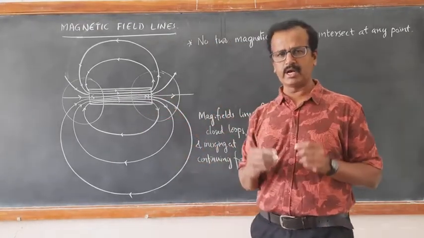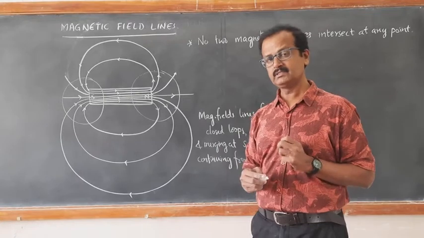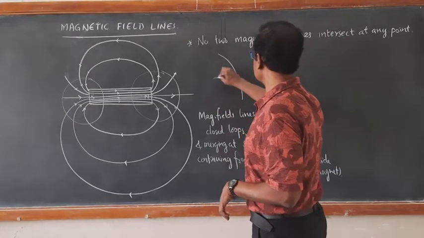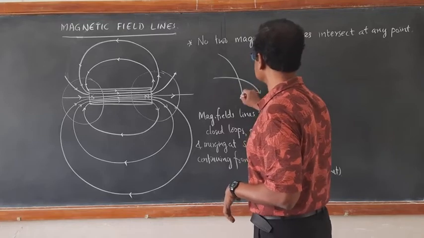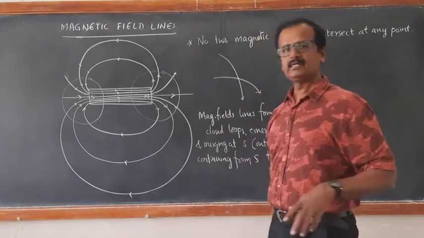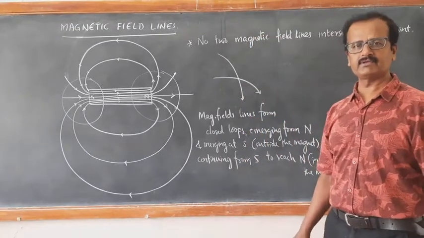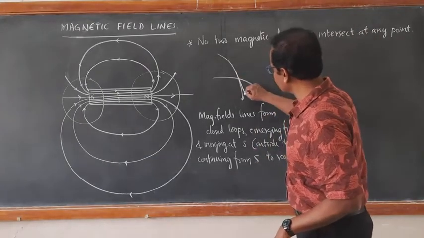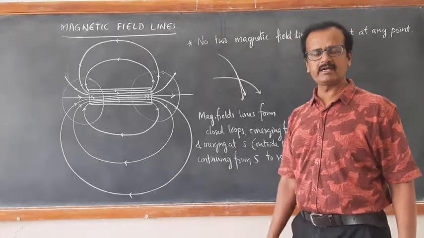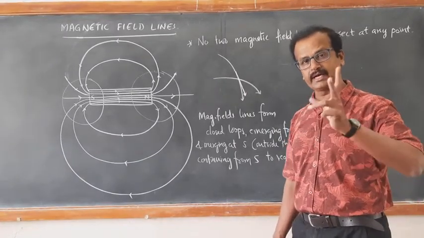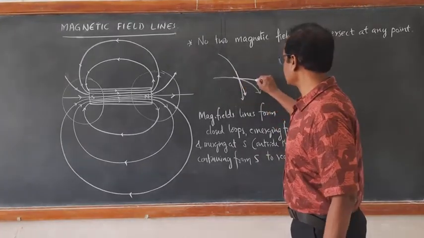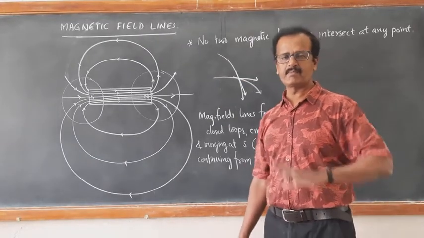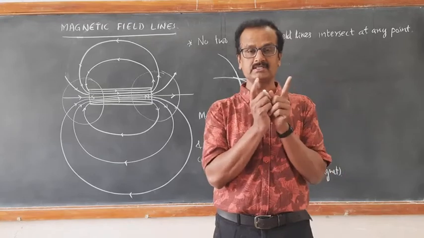If they do so at any point, it means what? If by chance there is an intersection of field lines like this at a particular point, then according to the definition of magnetic field, the tangent drawn at this point gives you two directions. Here you can draw one tangent, here you can draw another tangent. So the magnetic field cannot have two directions.